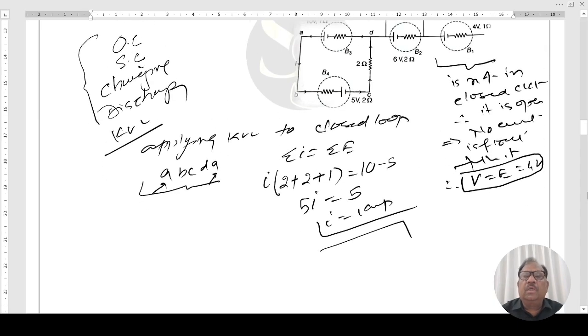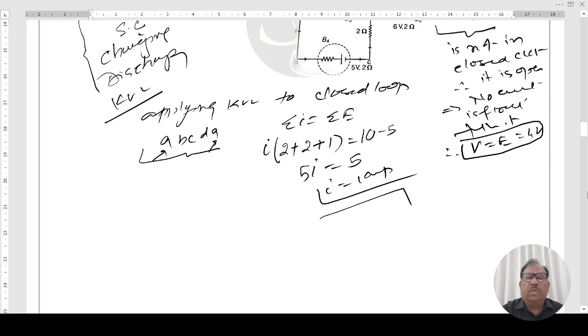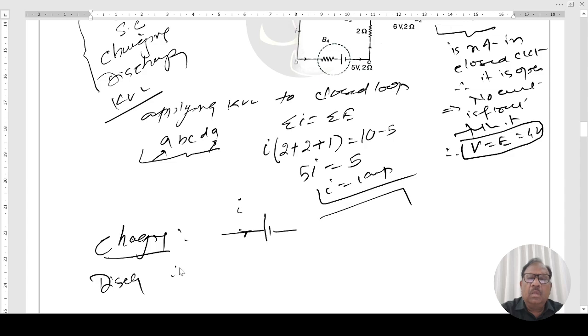Now check the case of charging or discharging. When is it charging? Charging: battery sign is like this. This is the case of charging. Current is fed into the battery. Discharging: current is being drawn from the battery.